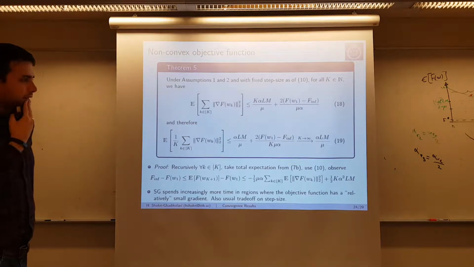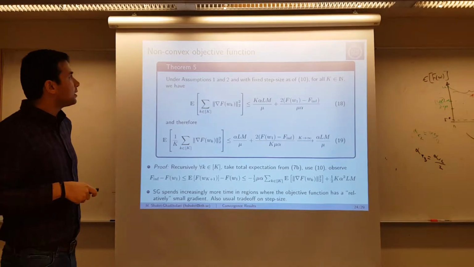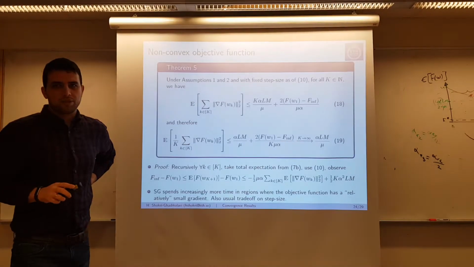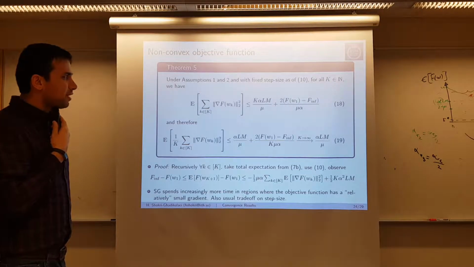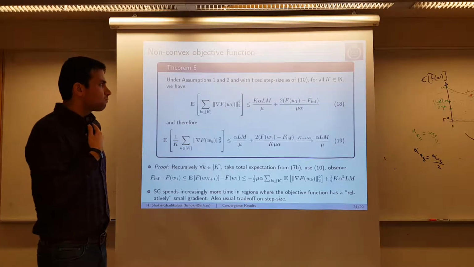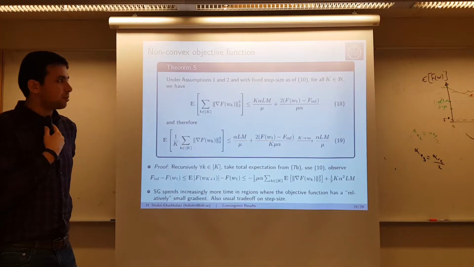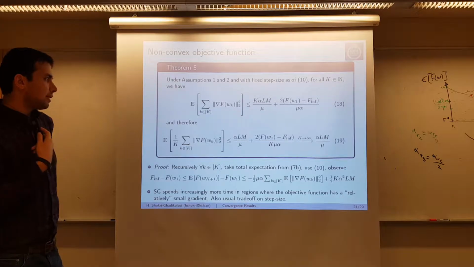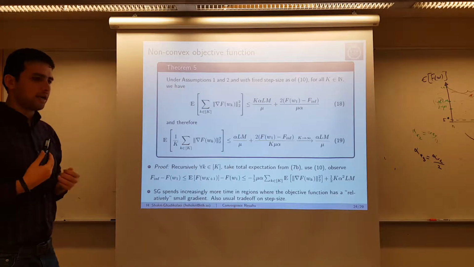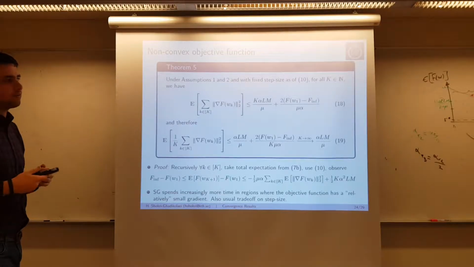Two last things. Don't worry about the statements of the problem. These are for non-convex objective functions. Now another class of functions. For non-convex functions, I'm not aware, at least, of any results on the optimality gap of the actual function. But these classical results are about how the gradient of the function, or the norm of the gradient of the function, behaves if the function is non-convex.